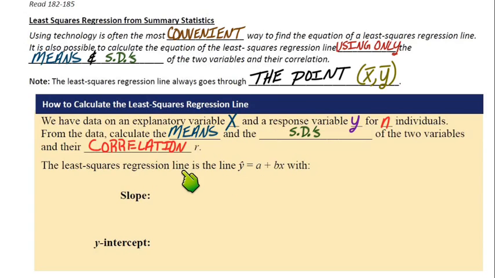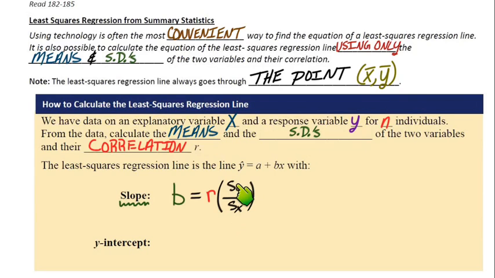Equation of a least squares regression line. Don't forget it's a hat on the y, so y hat equals a plus bx. So a is our y-intercept, b is our slope. That's the number on the x. So here's how you find these things. You can calculate b, the slope, if you have r, which is the correlation, notice the color code, and that's times this fraction right here, s sub y over s sub x.